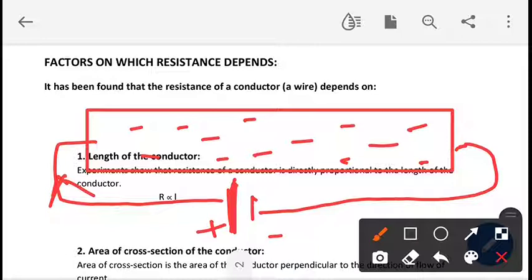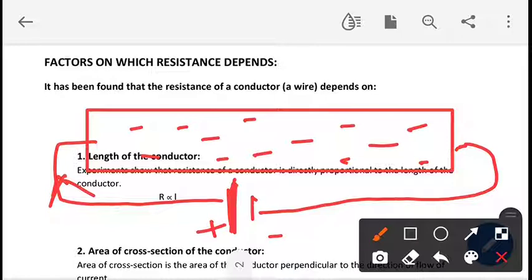Definitely from your previous knowledge you know that an electron is associated with a nucleus. Around the nucleus they revolve, and when the battery supplies energy to the atom, loosely held electrons in the outermost orbit leave the nucleus and they freely start traveling inside the conductor. You can understand very easily that these electrons must have come from an atom.